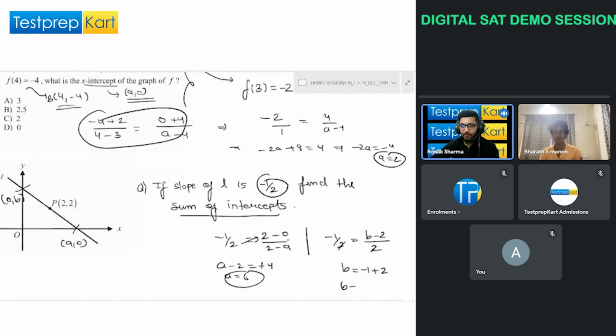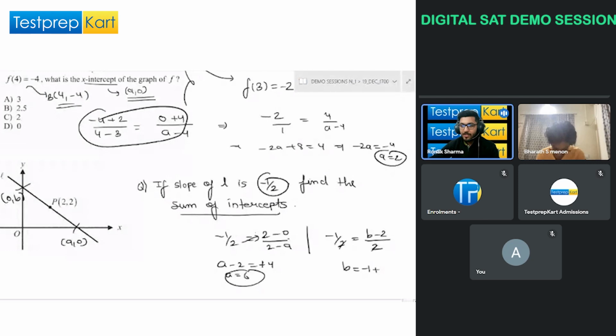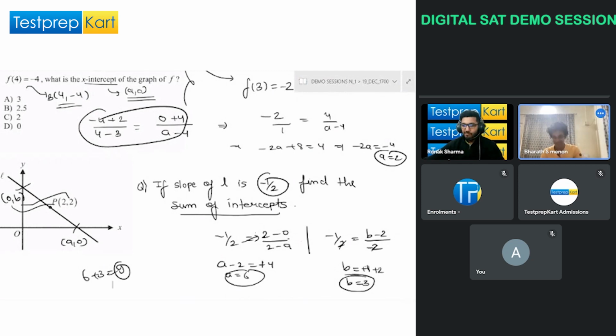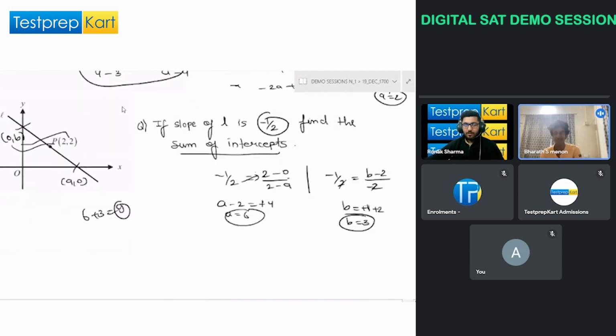This will actually be 0 minus 2, because it is b minus 2 and 0 minus 2. So it will be minus 2. So that will be plus 1 and 2. So b will be 3. So actually the sum of intercepts will be 6, not 7. Sorry, 9. 6 plus 3, 9. I made a small calculation mistake.